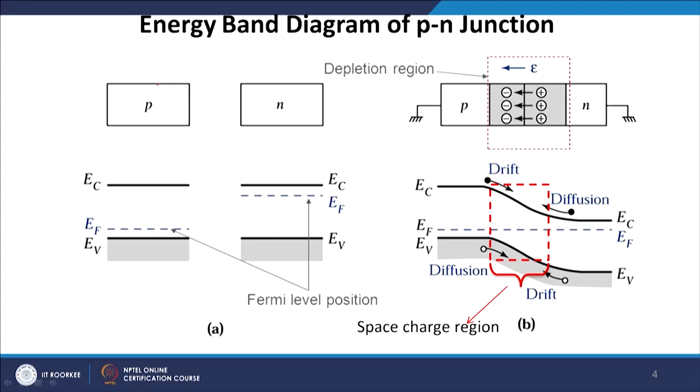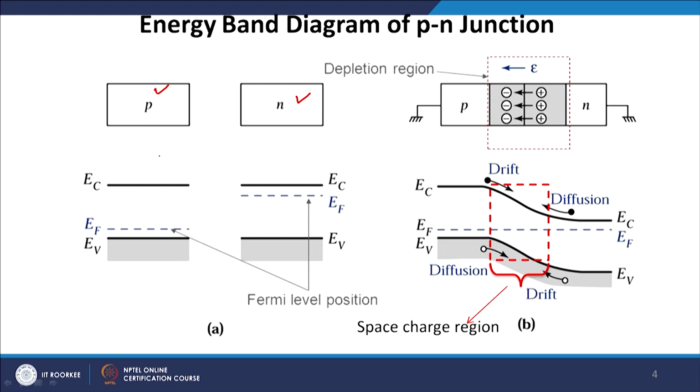Let us take a look at how the band diagrams form in a PN junction diode. We have a piece of p type semiconductor, and we have a piece of n type semiconductor on the right side. Now, we can draw the band diagram corresponding to this p type semiconductor and n type semiconductor.